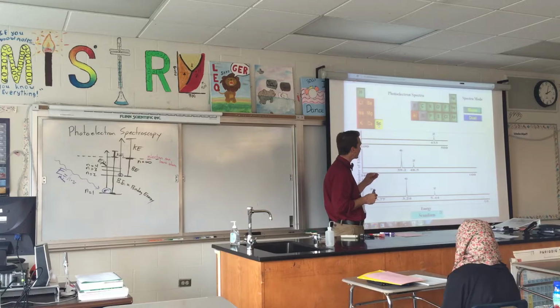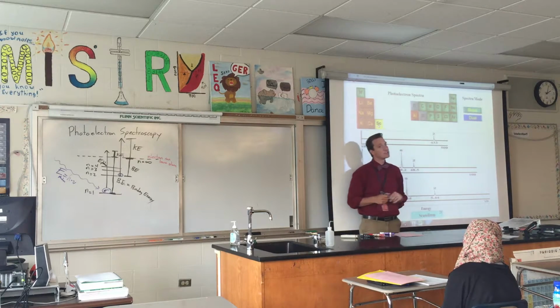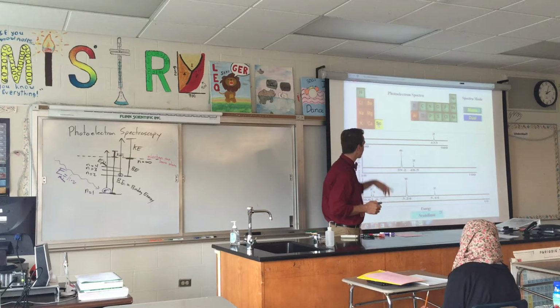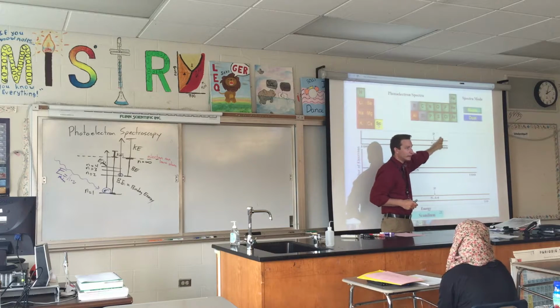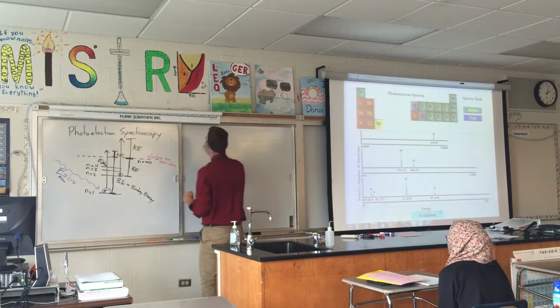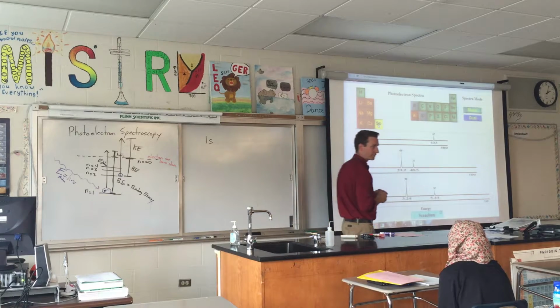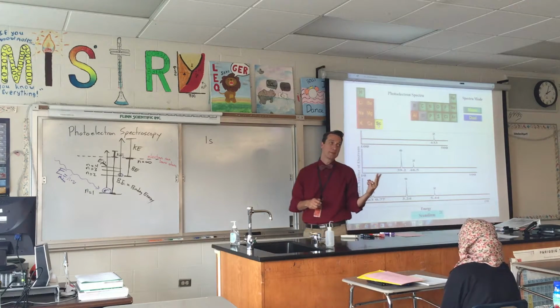Okay, so when we look at a subshell that holds at most 2 electrons, we call that an s subshell. So in the first energy level for scandium, we only have 1 subshell, and it can hold 2 electrons. We call it the 1s subshell, which can hold a maximum of 2 electrons.